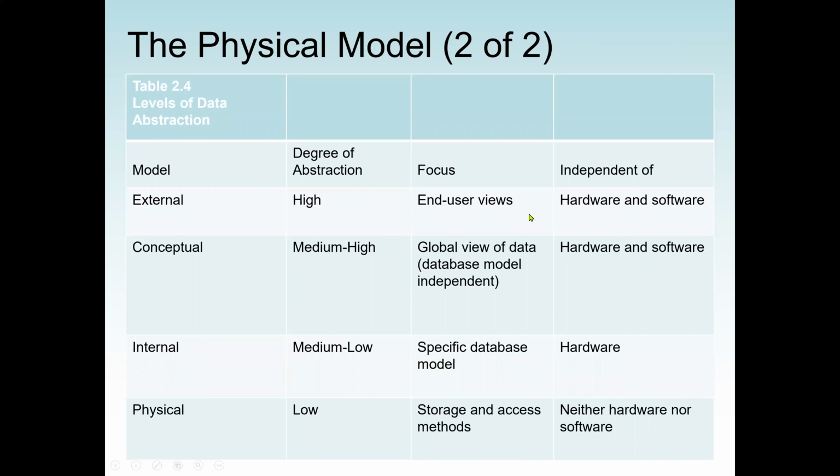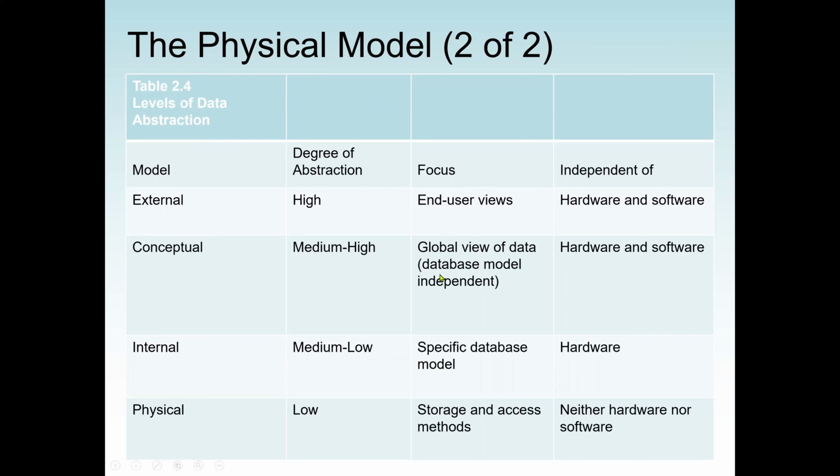So these are some of the levels of data abstraction. We have the model, degree of abstraction, focus, and independent of. The external model's degree of abstraction is very high, and it focuses on end user views. Conceptual is medium high.